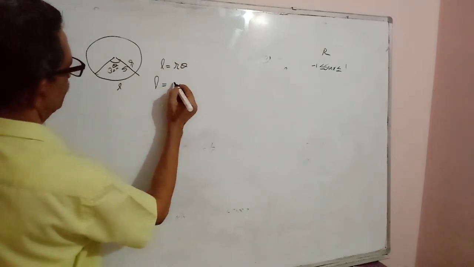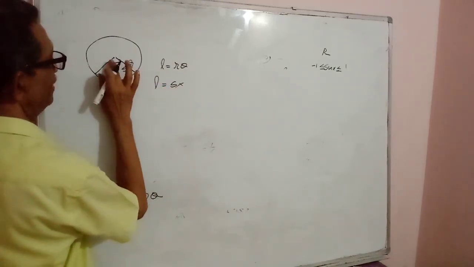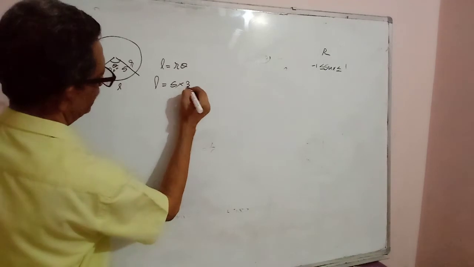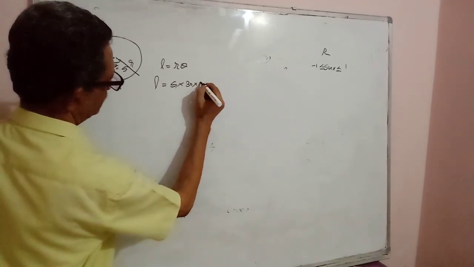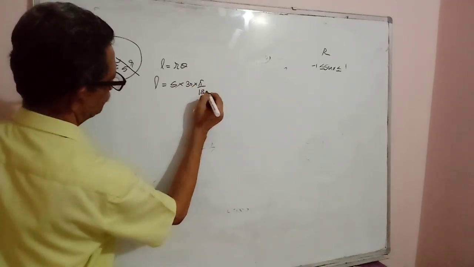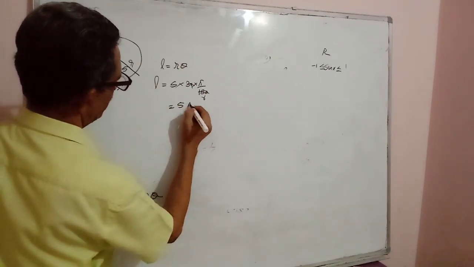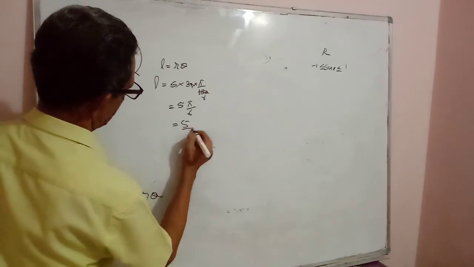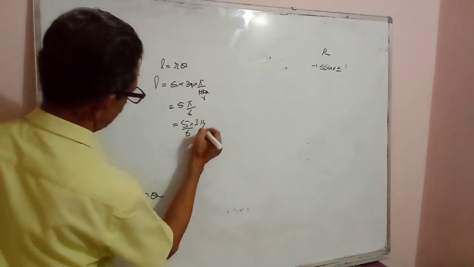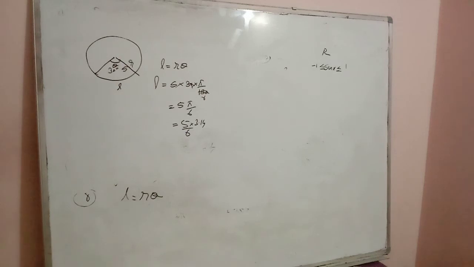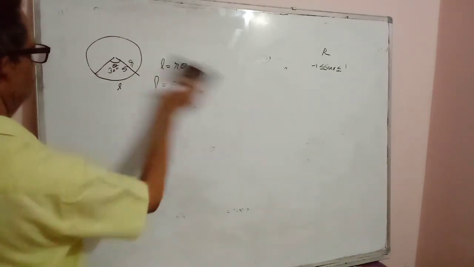Arc length is equal to radius into radian measure, not degree measure. So 30 degrees in radian measure is 30 into pi by 180, which is pi by 6. So the answer is 5 pi by 6, and 5 by 6 into 3.14. So multiply this by 5 and divide by 6. This is the answer.